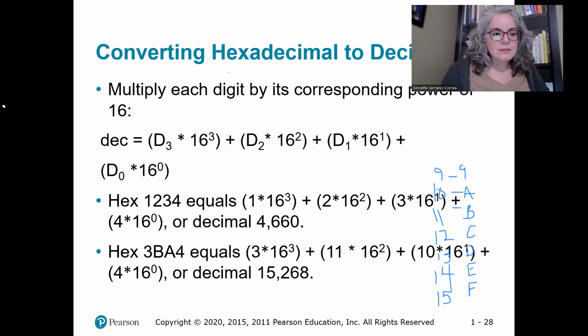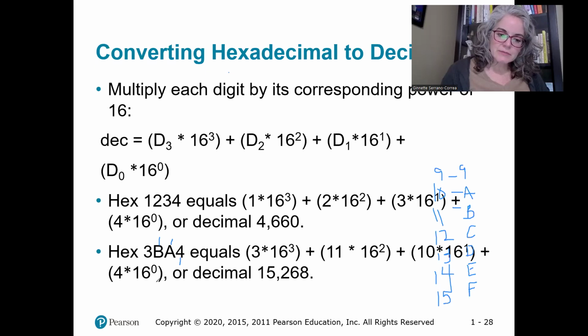So in this example, we have some of the letters. So this is just worth 10, right? And this is worth 11. So this will be 10 times 16 to the power of 1, and this would be 11 times 16 to the power 2. So here we start here.